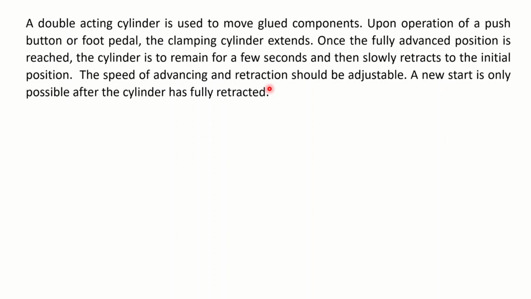So it can be a directional control valve with a mechanical actuation, and that mechanical actuation is linked to the position of the piston inside the double acting cylinder. Whenever it reaches the fully retracted position, that directional control valve is shifted to the second position, assuming the first position is the closed one, therefore the air can pass, right?